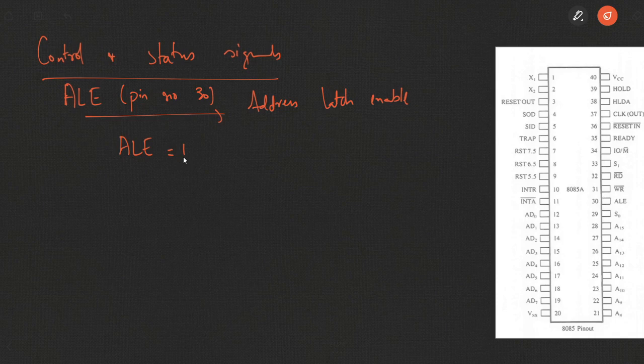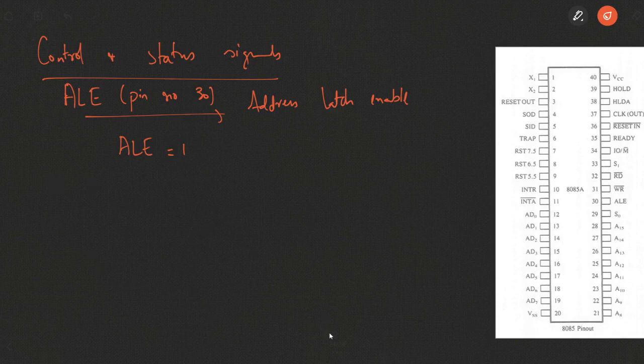We need to make sure that these pins work properly in the multiplex mode, in time sharing mode. We need to be able to separate the time for which they carry only the address, and the time for which they carry only the data. So in the T1 state, every time the address latch enable will be 1, so that these buses can be used as address lines at that time. So this is the purpose of pin number 30.